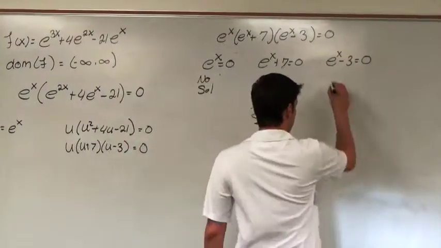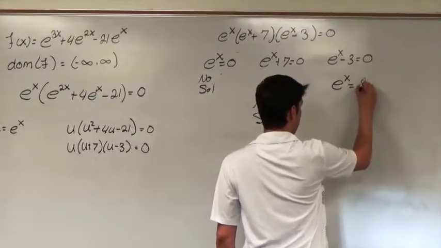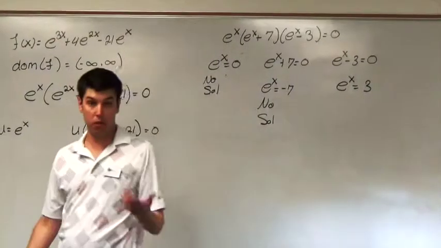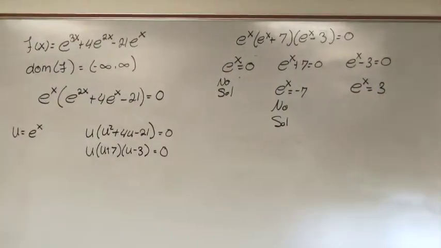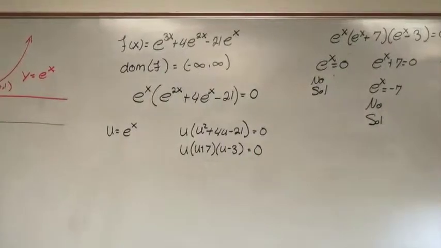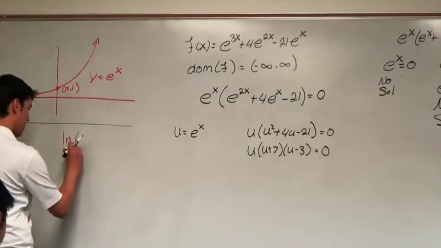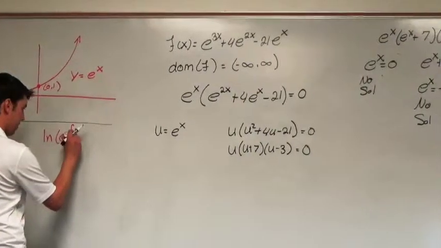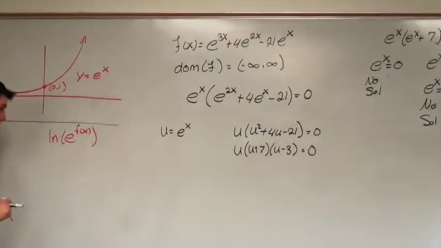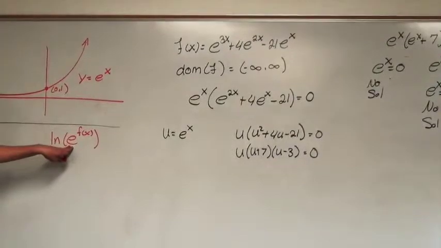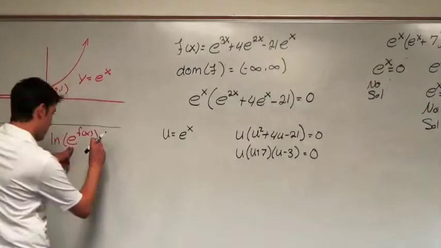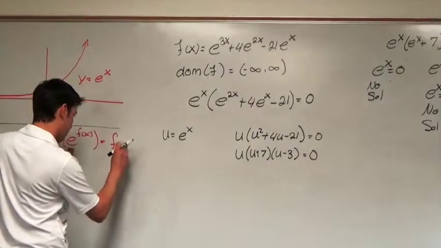From our third factor, we get e to the x equals 3. So now we need a rule to get to the exponent here. So we need to use a logarithm. Turns out, natural log of e raised to any function in the world, the logs and the e's are inverses, they cancel out, and return the exponent.